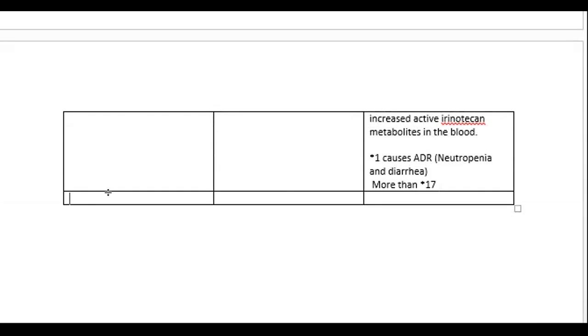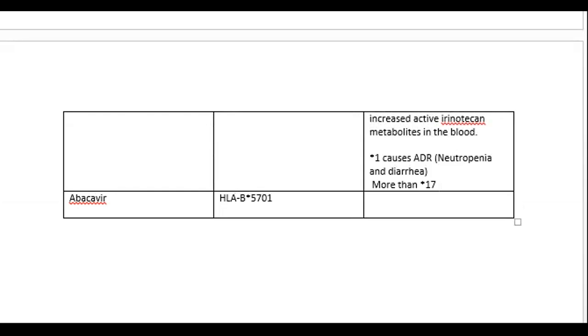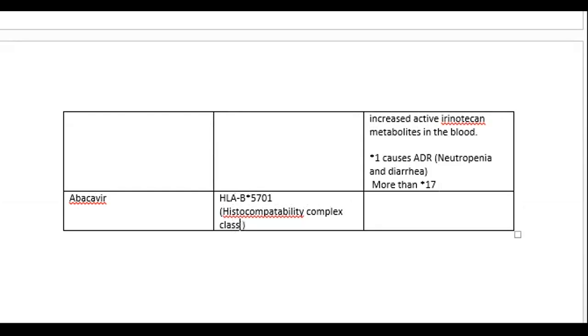And the next one is abacavir, which is HLA-B star 5701. What does this HLA mean? This HLA is the histocompatibility complex class allele.